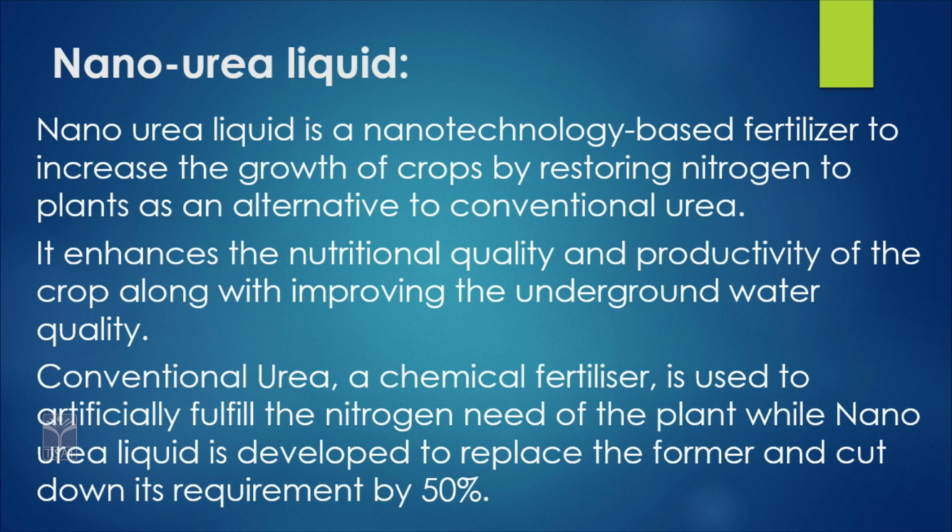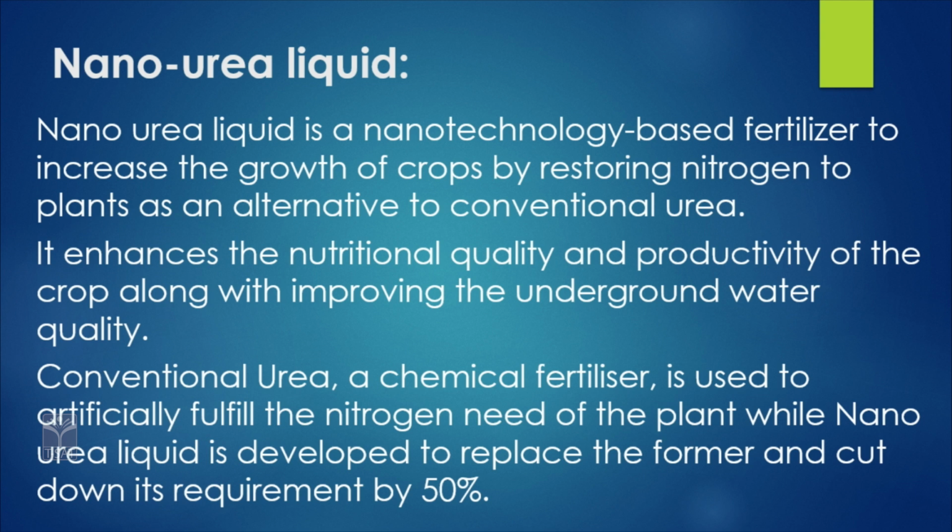And one more piece of information: nano urea liquid is a nanotechnology based fertilizer to increase the growth of crops by supplying nitrogen to plants as an alternative to conventional urea. Generally, we are using conventional urea in the maximum quantity. So, to get an alternative to the usage of conventional urea, this nano urea liquid can be used.